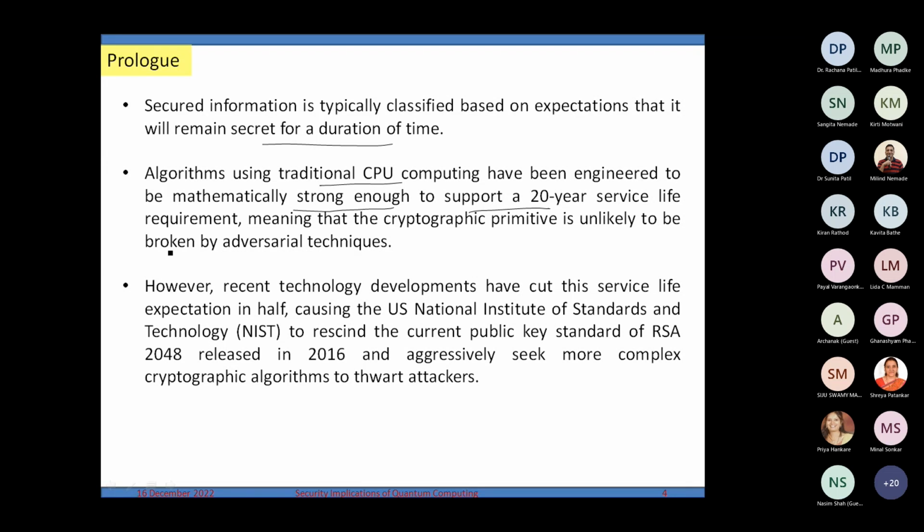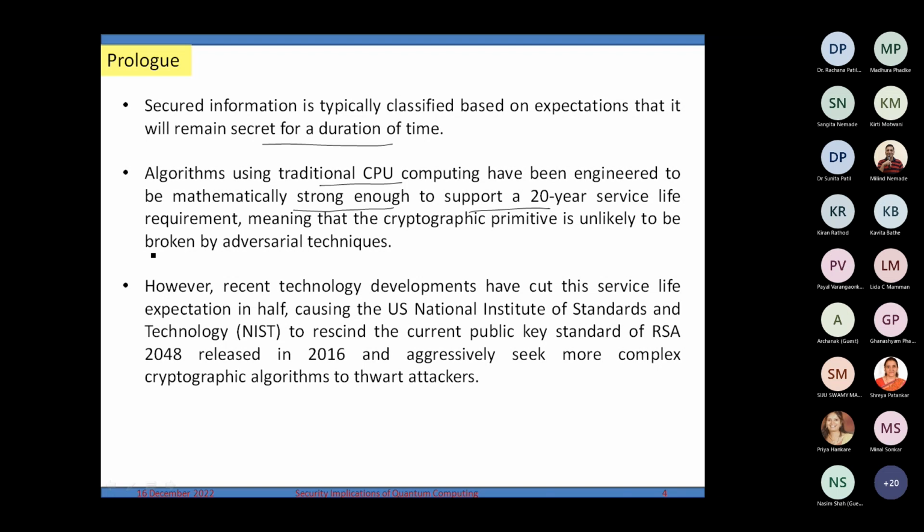So if my cryptographic algorithm is able to provide security to my information for a particular period of time, then I can say that I have security for my information or my communication.